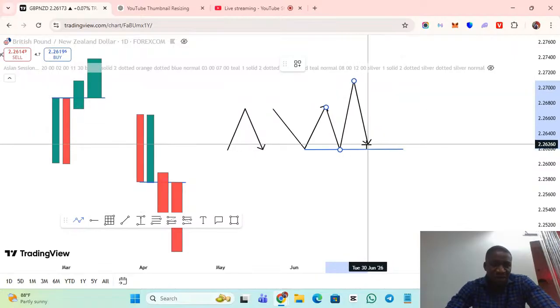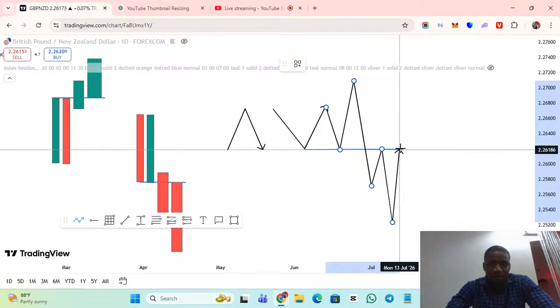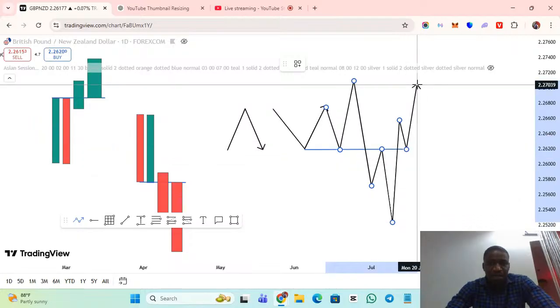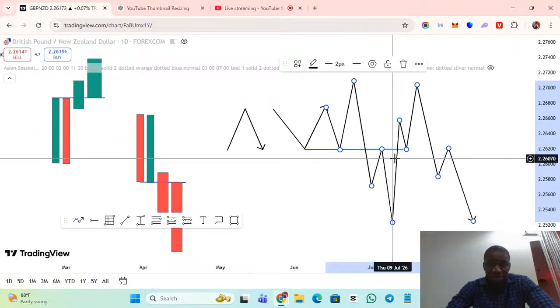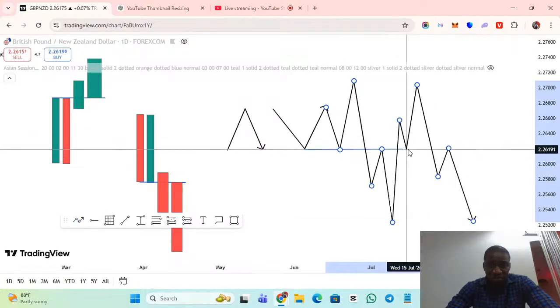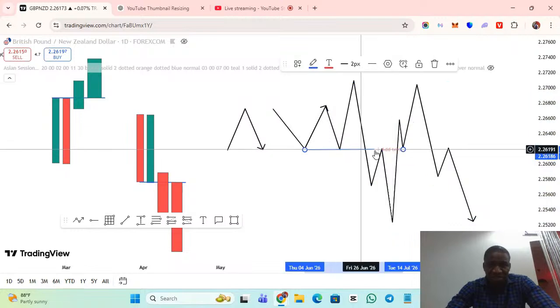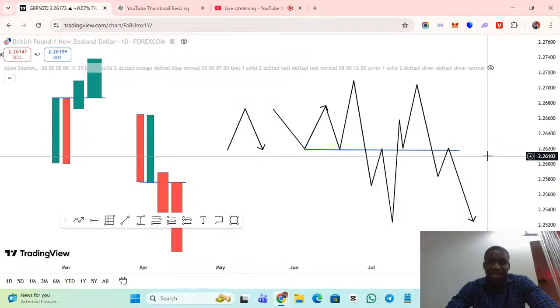If price comes and breaks it again, we sell. If it comes and breaks it again, we buy. If it comes and breaks it again, we sell, and so on and so forth. Just like this, and then you're already in a trade.